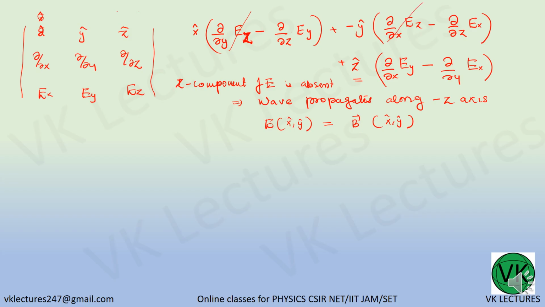Now we get dou B by dou t equal to minus del cross E. So del cross E we can write as minus x cap into dou by dou z of Ey, and minus of minus, plus y cap into dou by dou z of Ex.